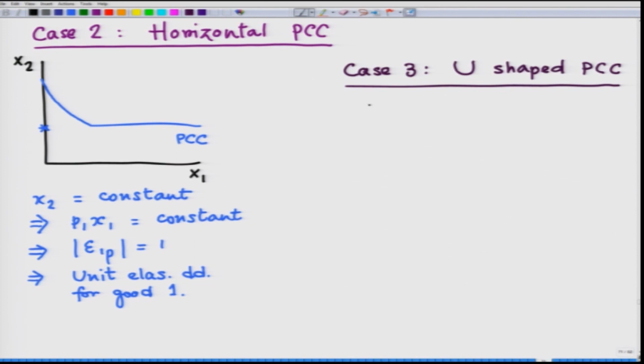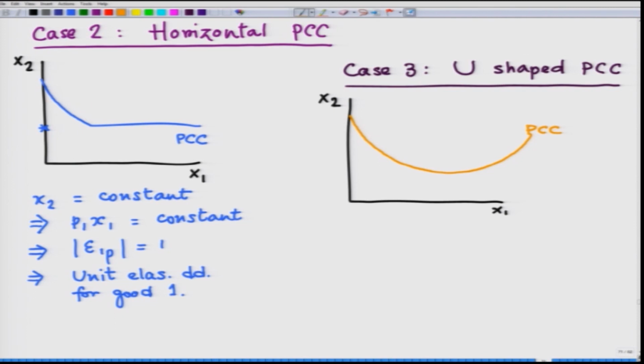So, again we are going to have a diagram with x1 and x2. So, if we are working with U shape, then that means that the price consumption curve first falls, it reaches a minimum and then it starts to rise again. So, this will be the PCC. Now, when is that possible?